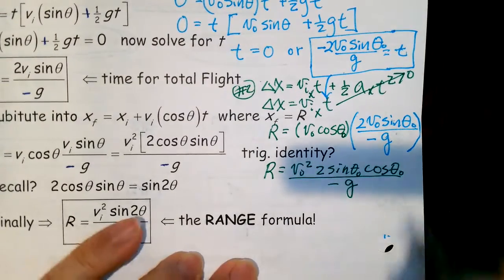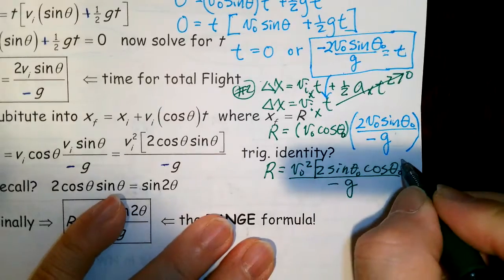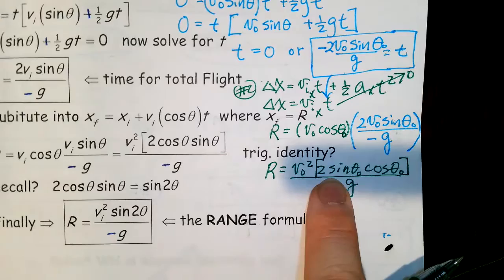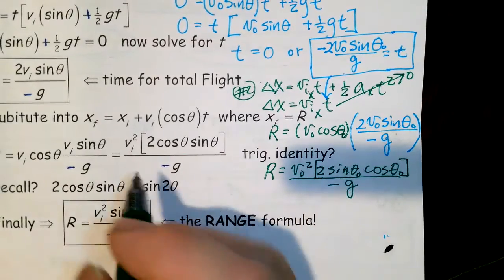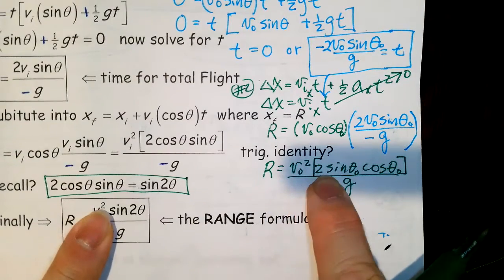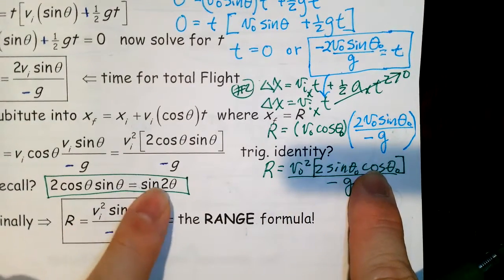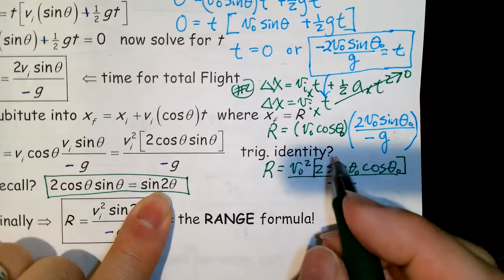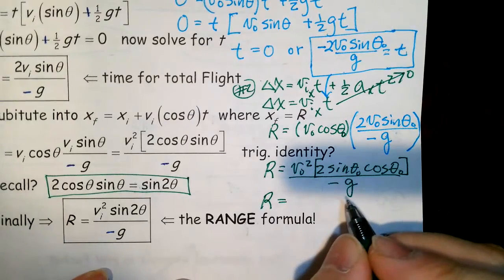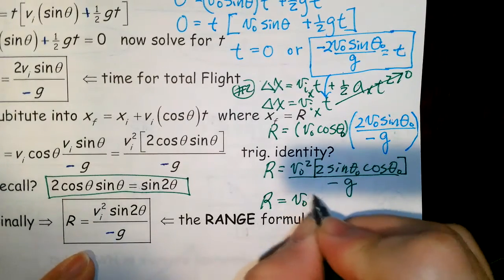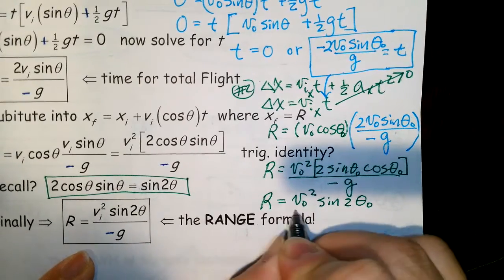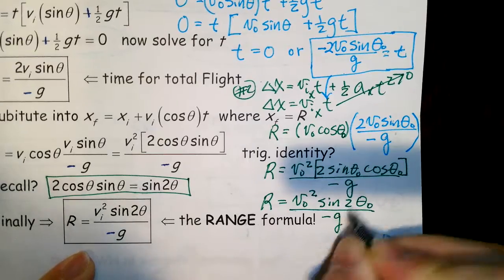There's a trig identity for this. Sine of 2 theta is equal to 2 sine theta cosine theta. It's a double angle theorem. So using this trig identity, we will substitute this 2 sine theta cosine theta as sine of 2 theta. So my range now becomes V naught squared times sine of 2 theta naught, whole thing over negative g.